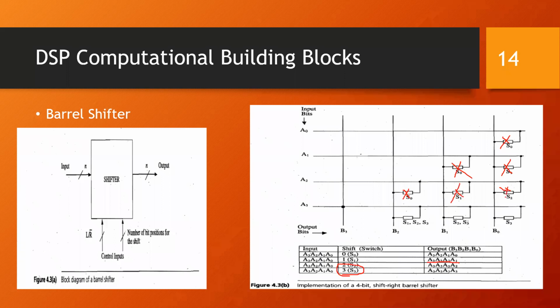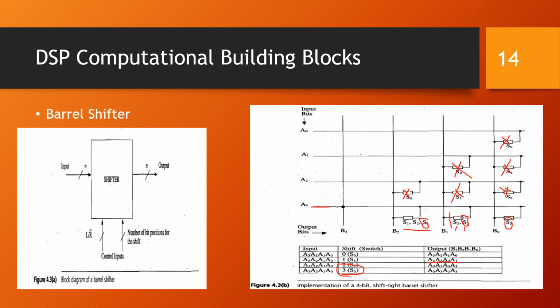So all these are off. The only switch which is active now is S3. So what does this imply? If S2 is on or S3 is on, then the switch gets closed and the path is established. If any one of these switches is high, then the switch is connected. Here again S3 is present.